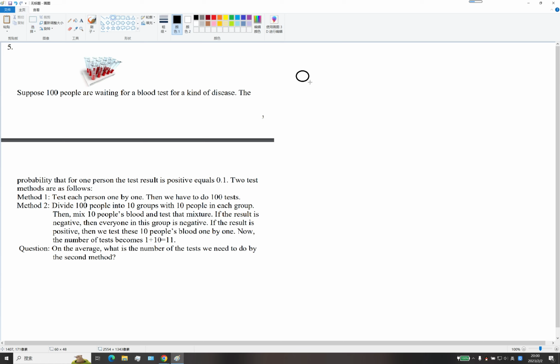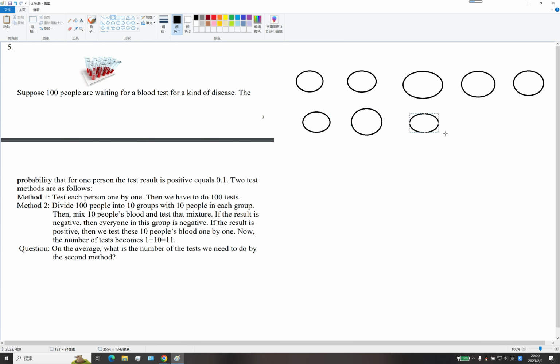We have 10 groups. So at first, we can see that the probability that one person's test result is positive equals 0.1. We know that every single person is independent. One person being positive doesn't influence the others.